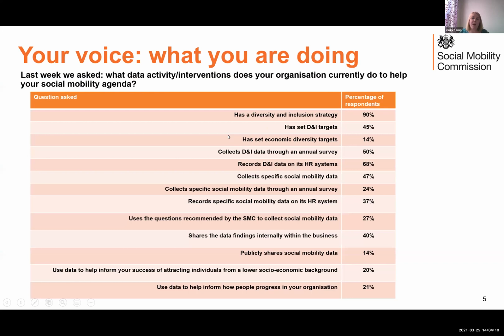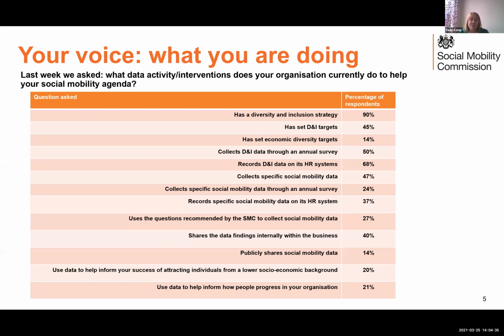So we asked you last week, before you joined the session, and those who responded have told us what you're doing in this space. What I find really interesting in these statistics is that 90% of you have a D&I strategy, but only half of you have actually set D&I targets.